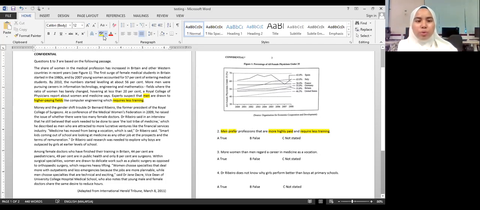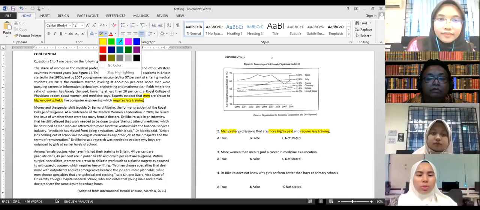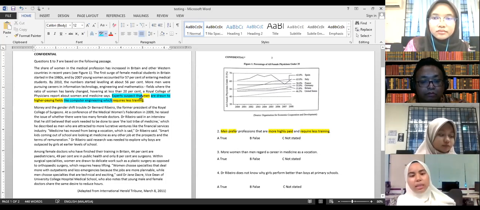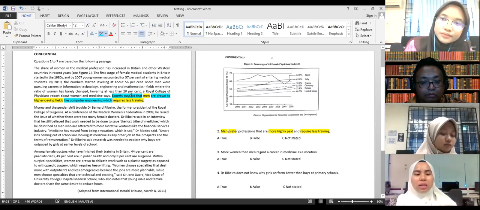To make it clear, I'm going to highlight the whole statement here so that you can see clearly. I've highlighted the keywords with yellow highlighter, and I'm highlighting the statement with turquoise highlighter. In this text, it mentions that experts suspect that men are drawn to higher paying fields like computer engineering, which requires less training.